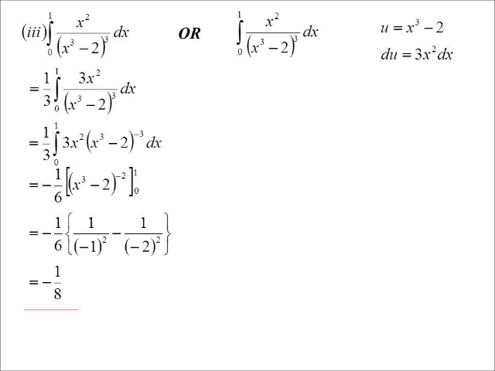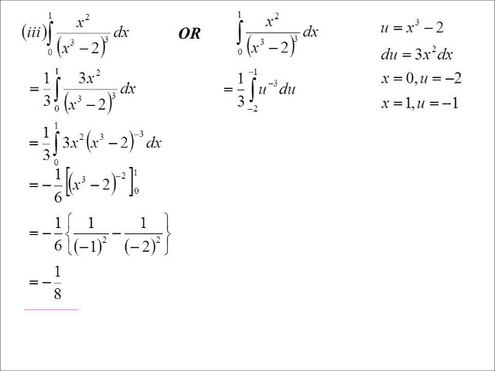But now I've also got to change the limits, because those limits refer to x, but I'm changing the pronumeral to u. So using our formula, u equals x cubed minus 2, I will now change the limits on the integral. So when x equals 0, u will equal negative 2. When x equals 1, u equals negative 1. So my integral now becomes 1/3 the integral from minus 2 to minus 1 of u to the minus 3.